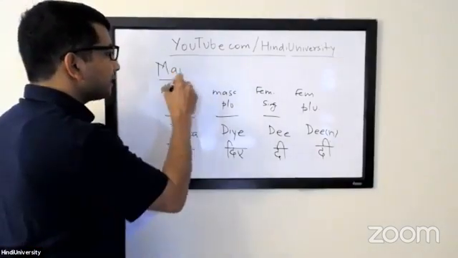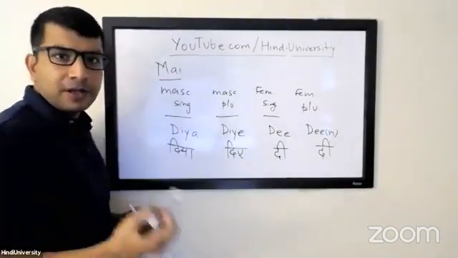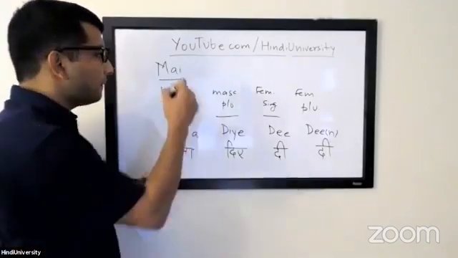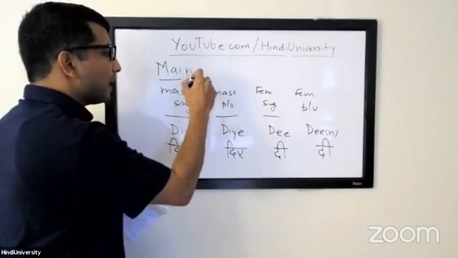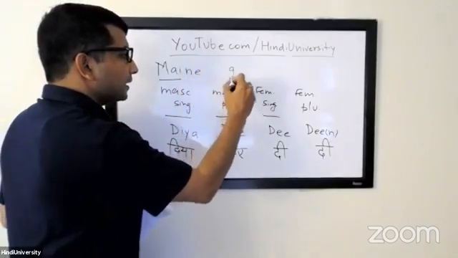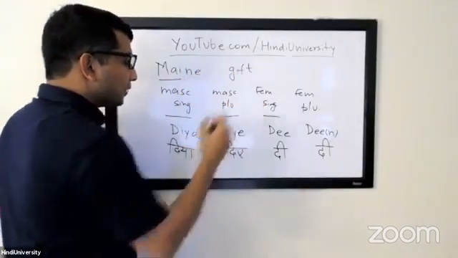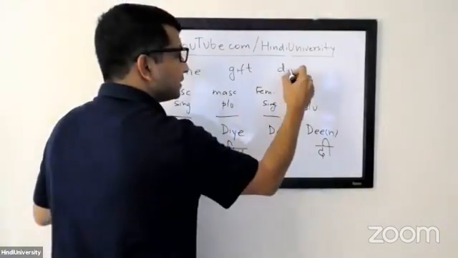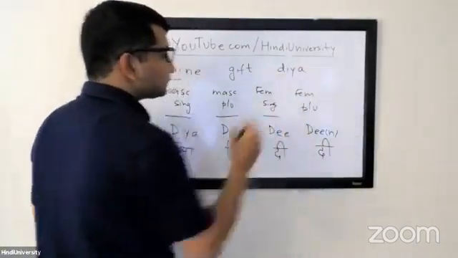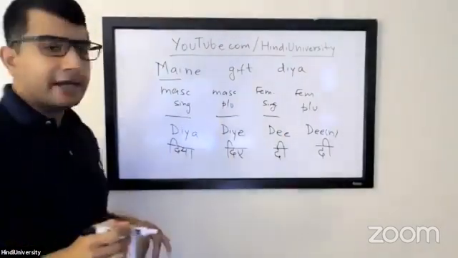If you are saying I gave a gift, I is मैं, you will use ne with it. So मैंने gift. Now gift is considered masculine singular, right? So you will say मैंने gift दिया. As simple as that, I gave a gift.